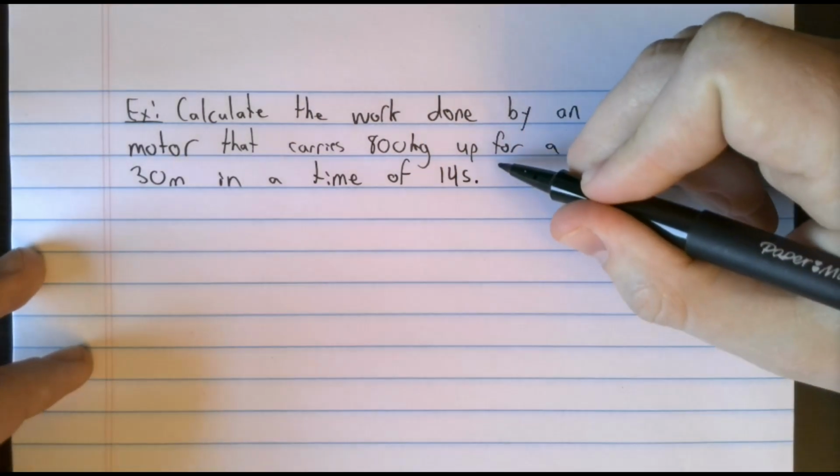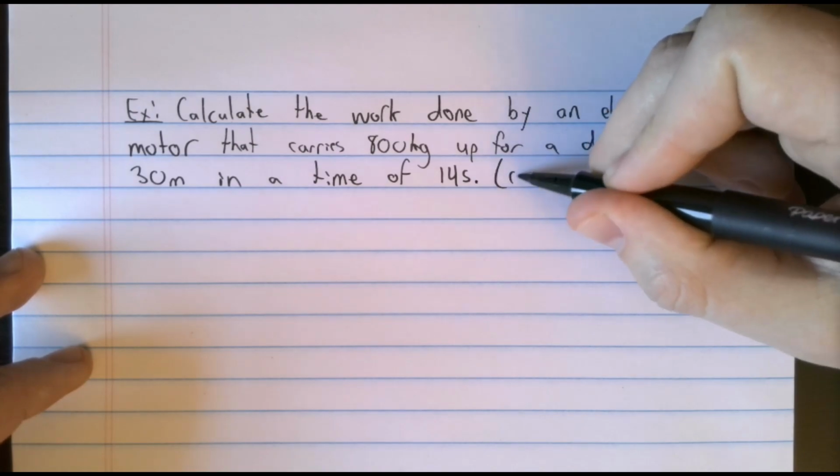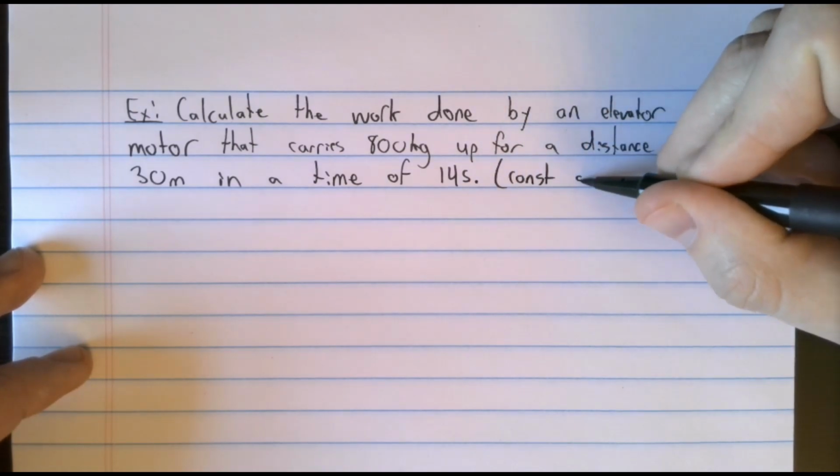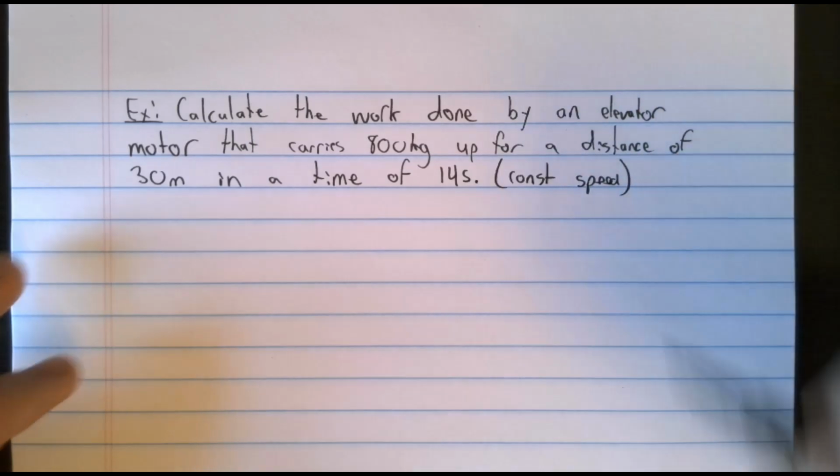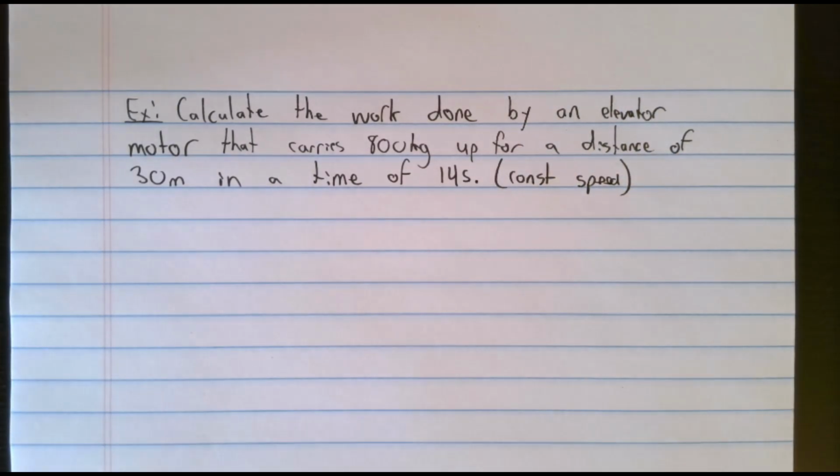I'll also add that it is a constant speed. Reading that again. Calculate the work done by an elevator motor that carries 800 kilograms up for a distance of 30 meters in a time of 14 seconds.